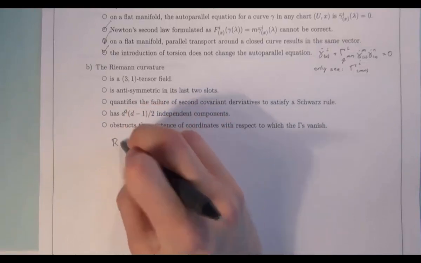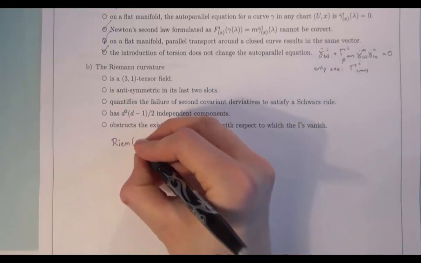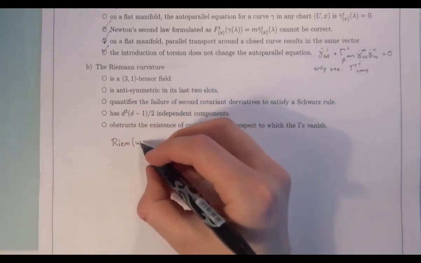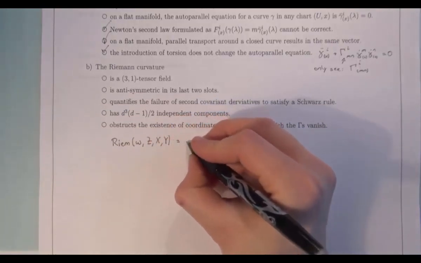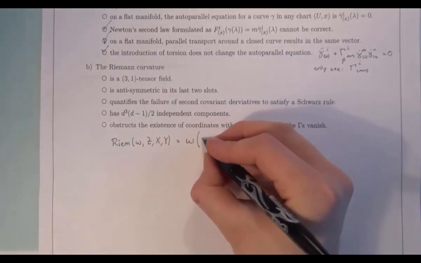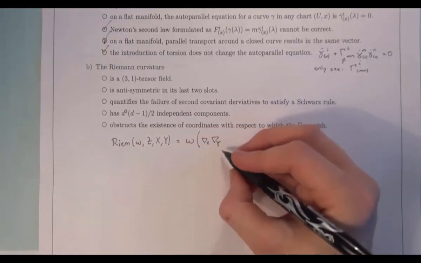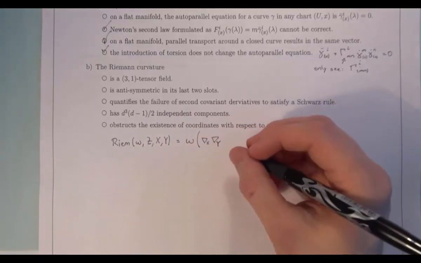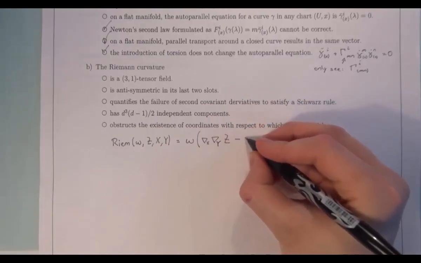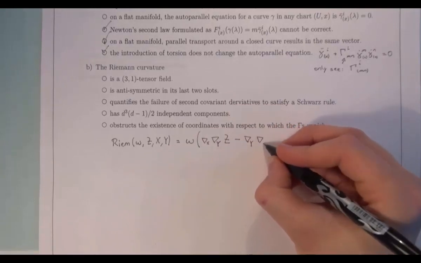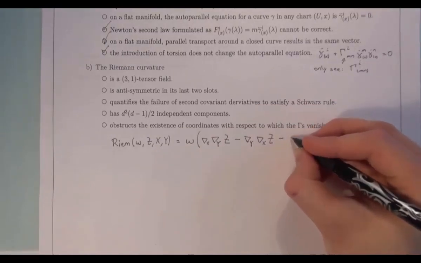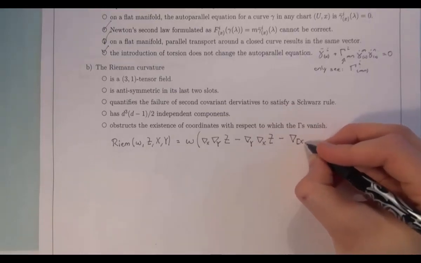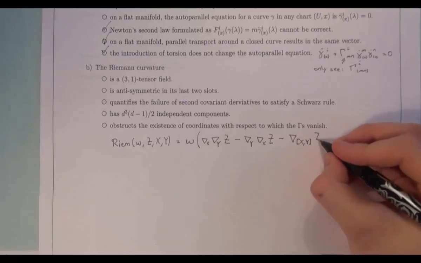As we denoted in the lecture, Riem eats a covector omega and three vector fields z, x and y, and is defined as the covector omega acting on the covariant derivative with respect to x, covariant derivative with respect to y on z, minus covariant derivative with respect to y, and then with respect to x acting on z, minus the covariant derivative of the commutator of x with y acting on z.